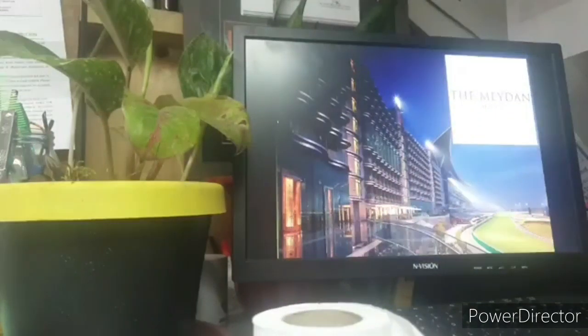Next in line, I worked also at Meydan, Dubai Meydan City. Okay, so it is located at Ras Al Khor, Dubai in UAE. Launched on the eve of the 2007 Dubai World Cup. Okay, so you can expect that they will accommodate over 60,000 spectators in a 1-mile-long grandstand.